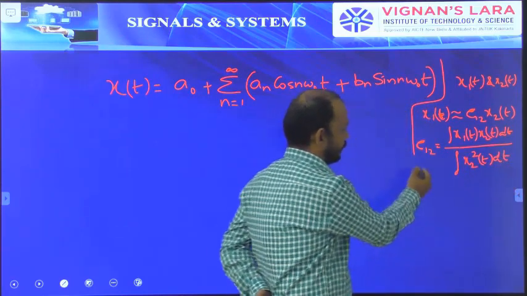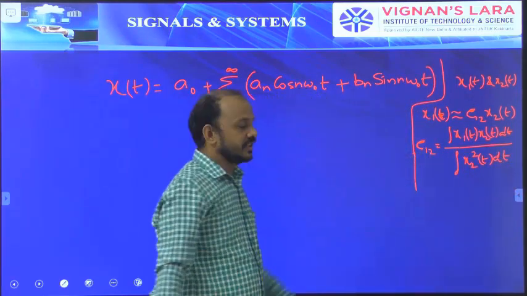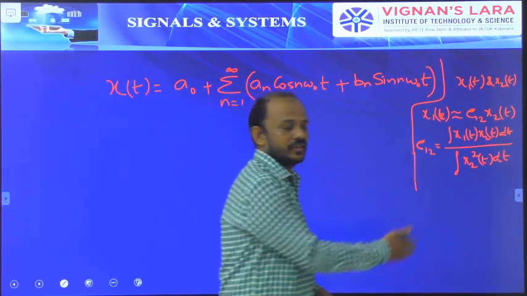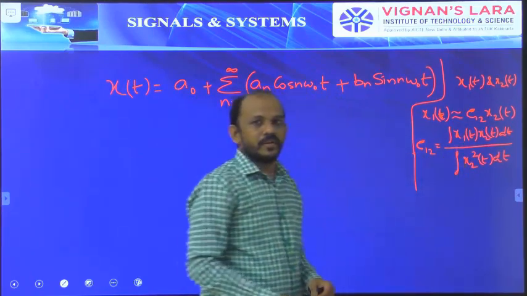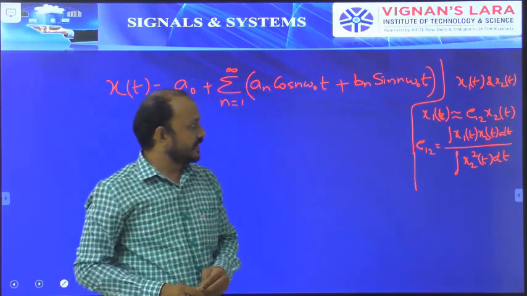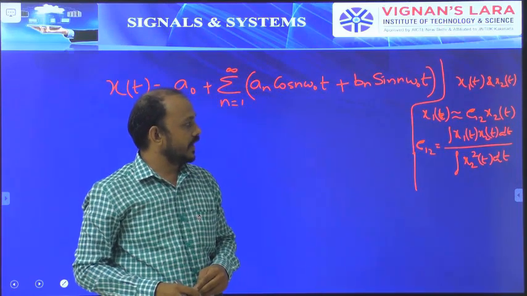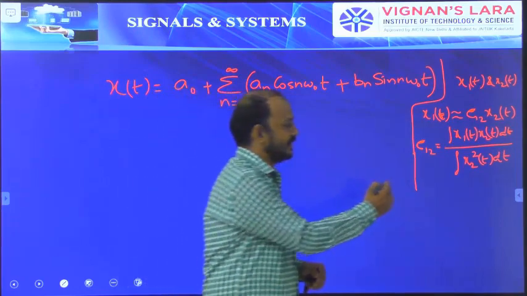We all know this value of c12 because I derived this equation. So c12 is equal to the integral of x1 of t, x2 of t dt by the integral of x2 square of t dt over the given interval.